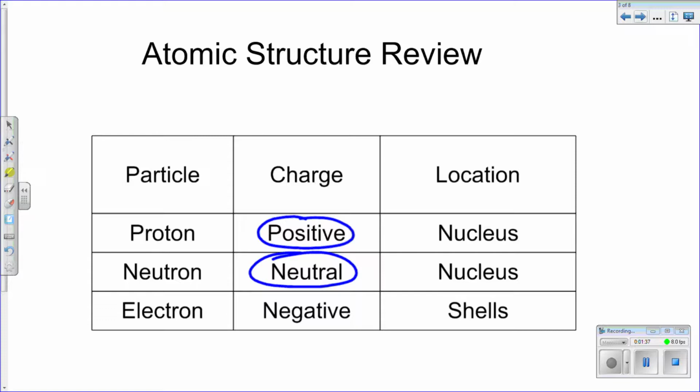The key thing to look at here is that positive and neutral particles make up our nucleus. Normally we think about opposites attracting, but remember our electrons are out in their shells and they're not located in the nucleus, so they can't attract with the protons. What we end up with is a big conglomeration of positively and neutrally charged particles. There's no real electrostatic reason for them to stick together, so the size of the nucleus becomes pretty important.